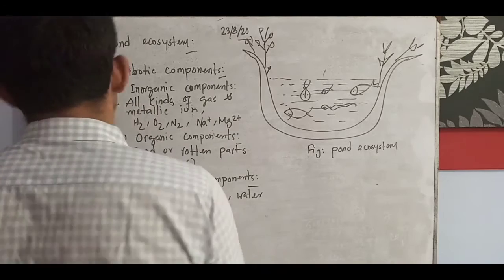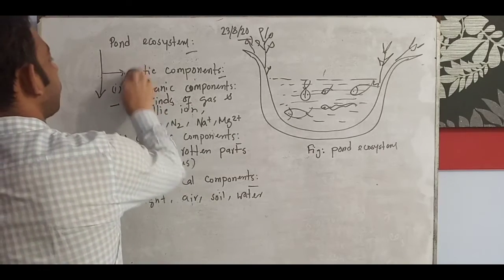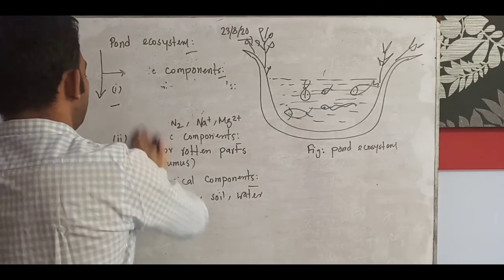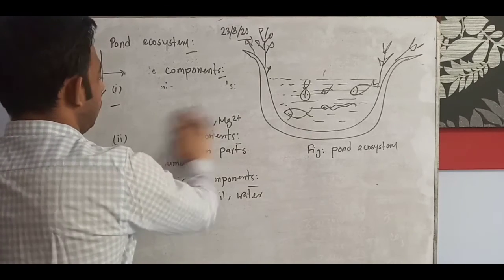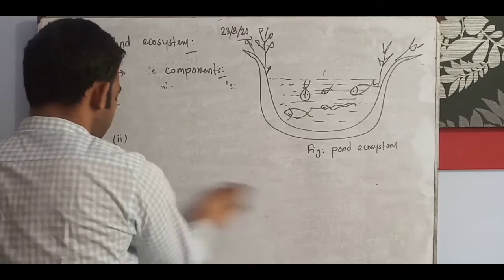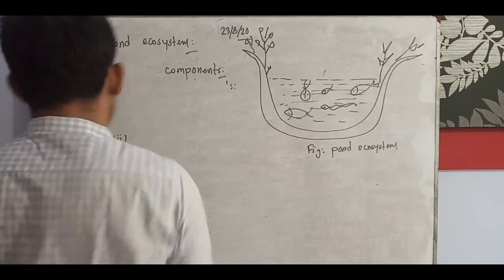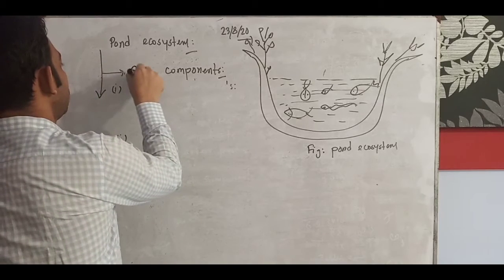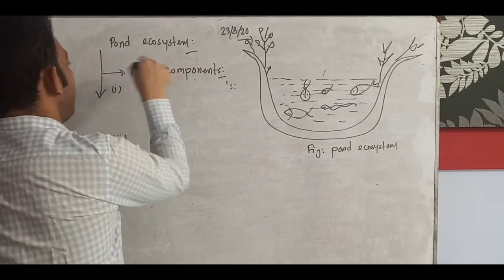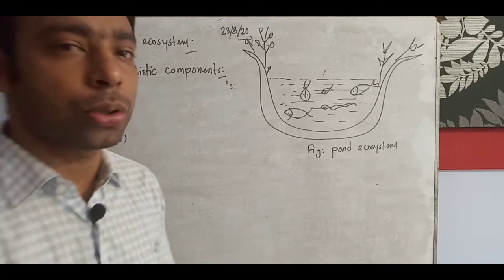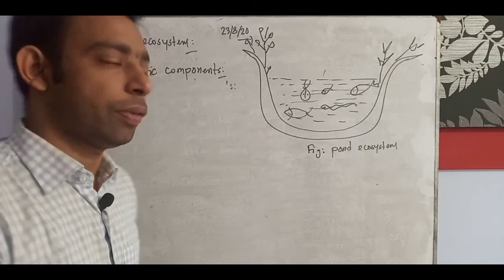Biotic components. You know that biotic components are of three types also. We already gave the chart in the last class.